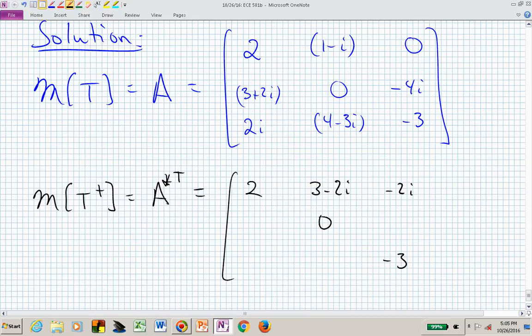In the 2, 1 slot, I have 1 plus i, and in the 2, 3 slot, I have 4 plus 3i. In the 3, 1 spot, I have 0, and in the 3, 2 spot, I have 4i. Are we okay with that? Because I'm going to slide it away. But this should look like the conjugate transpose of A.